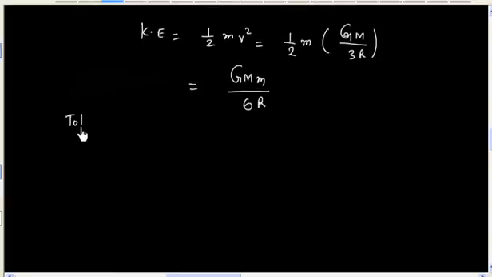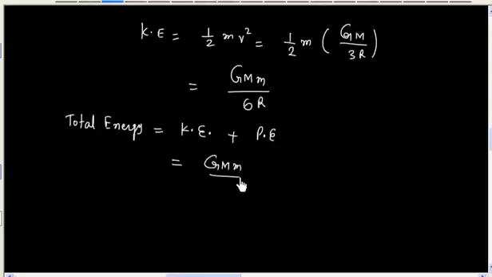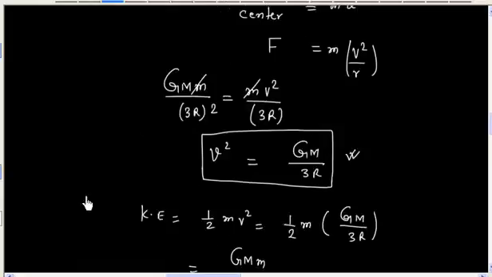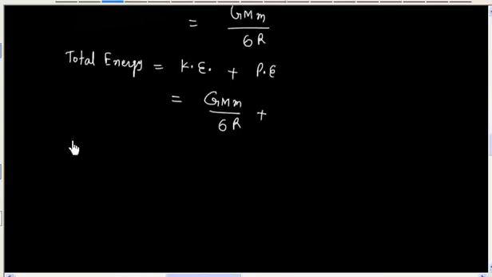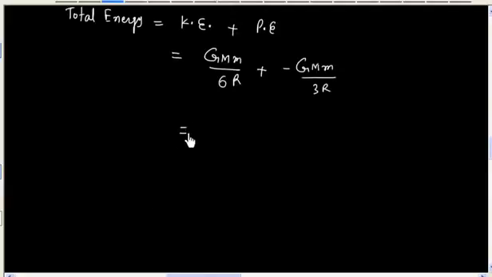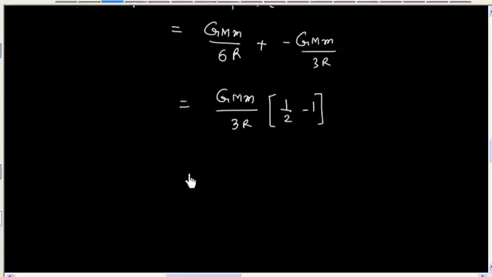So total energy, kinetic energy plus potential energy, kinetic energy is GMm by 6r and potential energy is minus GMm by 3r. So this is minus GMm by 6r.